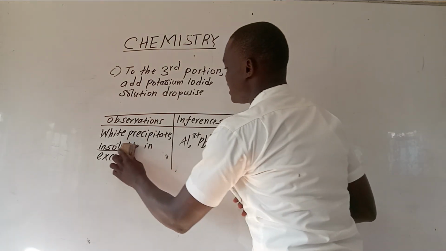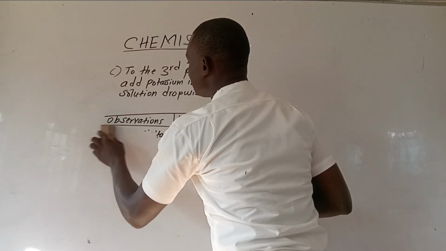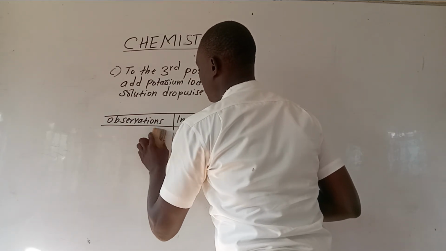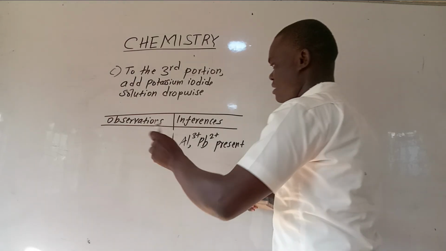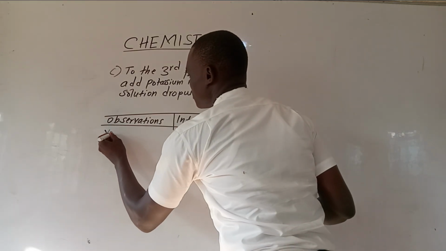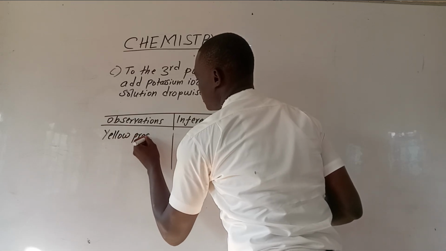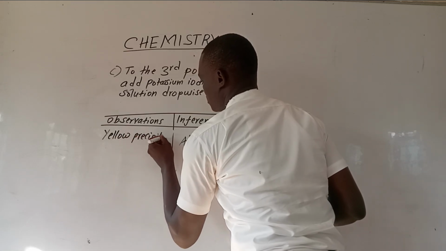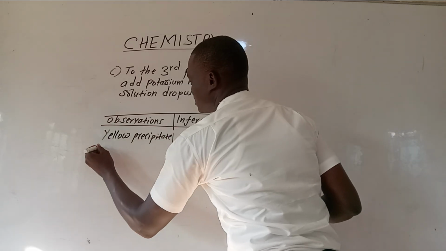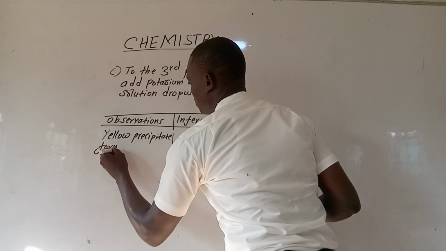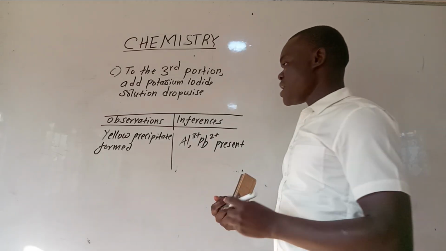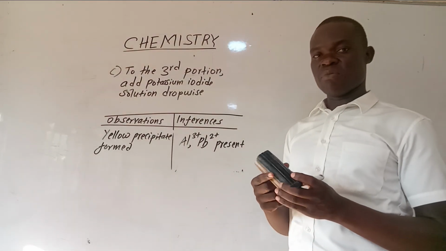So let's assume that a yellow precipitate formed. Yellow precipitate formed.